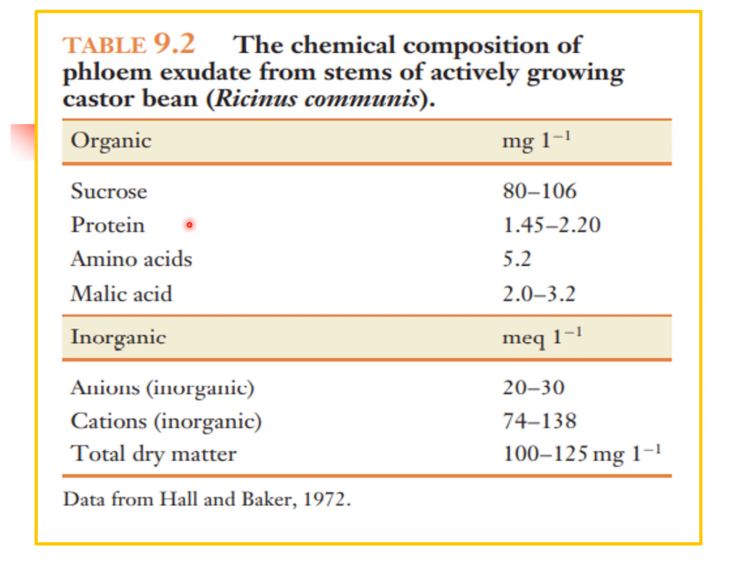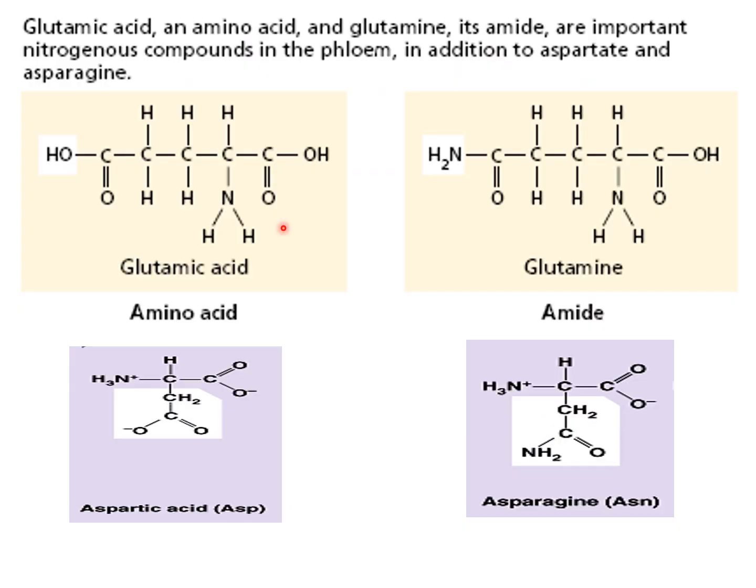Proteins found are enzymes and P proteins. Glutamic acid, an amino acid, and glutamine, its amide, are important nitrogenous compounds in the phloem, in addition to aspartate and asparagine.